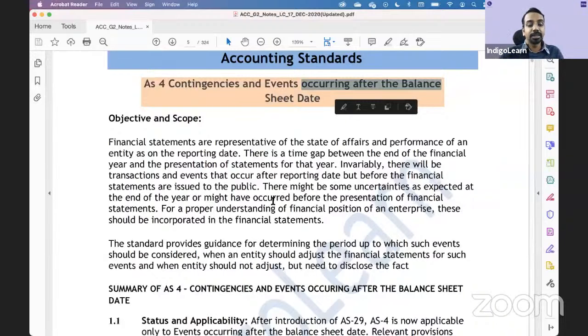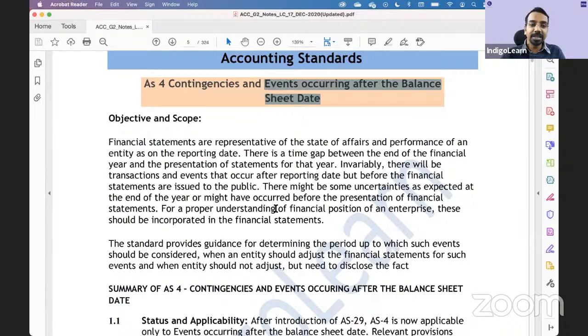Now, what are contingencies? Contingencies are uncertain events, right? Now, the event may happen, the event may not happen. Based on that, we may have a loss, we may have a gain. Both the scenarios are possible. So, say for example, there is a debtor, and the debtor owes us some money, and the debtor is not doing good. He is in financial crunch.